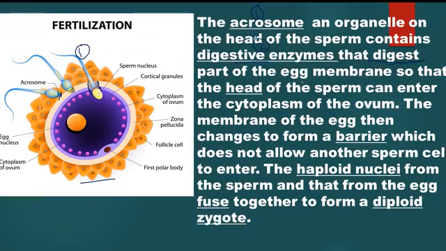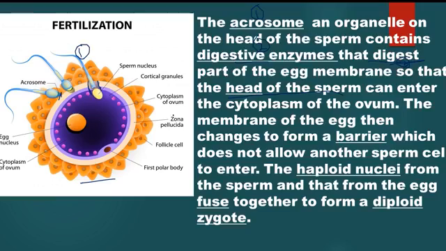So the first thing that you're going to look at, the acrosome secretes digestive enzymes, and those digestive enzymes, what do they do? Number 3, the digestive enzymes digest part of the egg membrane so that the head of the sperm cell can enter into the cytoplasm.